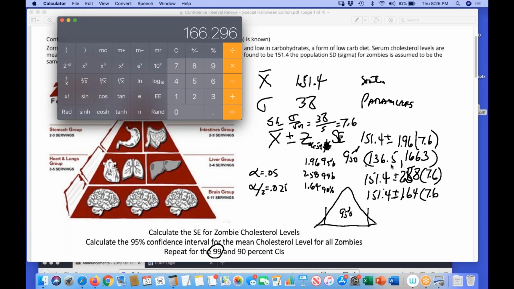In other words, 136.5 to 166.3: we're 95% certain that the true population mean is between these two numbers. If I take another sample of 25 people and repeat this 20 times, I get a different mean and a different confidence interval each time, and 19 out of 20 times, the true mean will be between those two numbers.